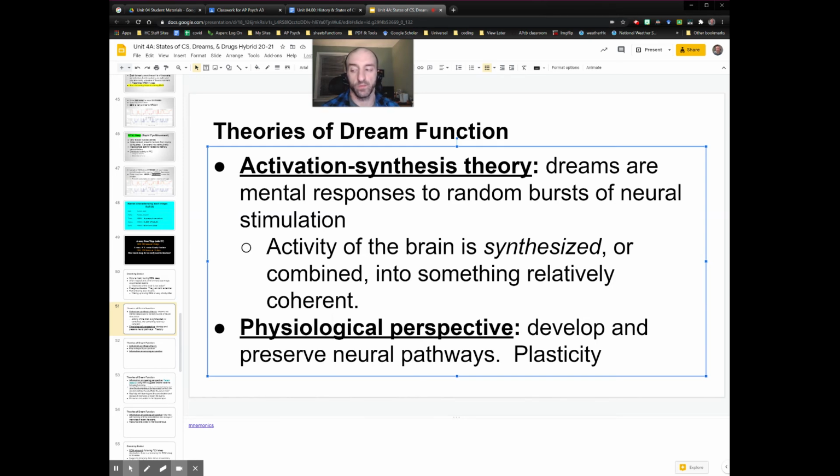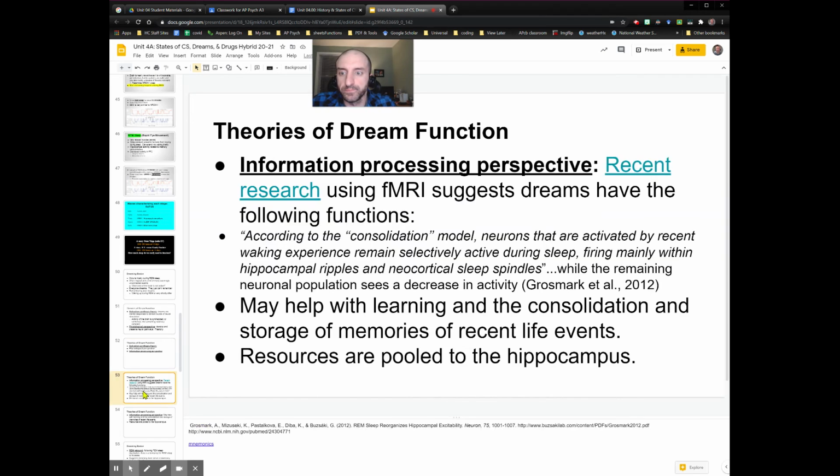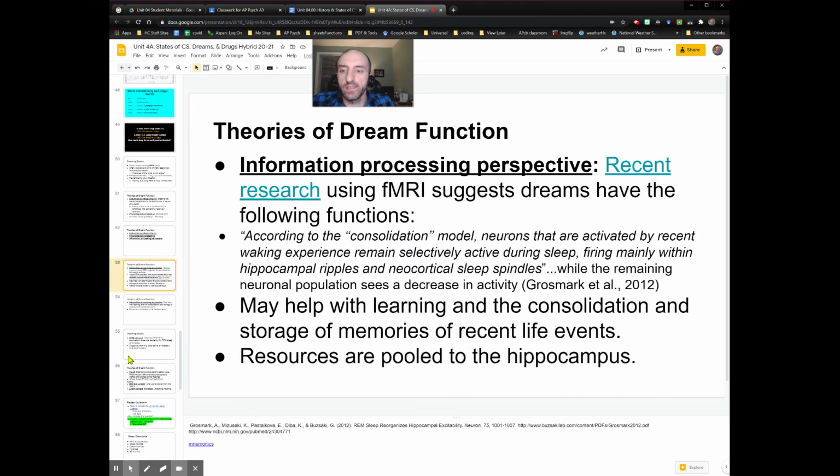Well, maybe the memory that was trying to be stored from today was being stored near that 12th birthday memory. So while that pathway is being strengthened, it activates the neurons where that memory was stored. And then this last one here is information processing.